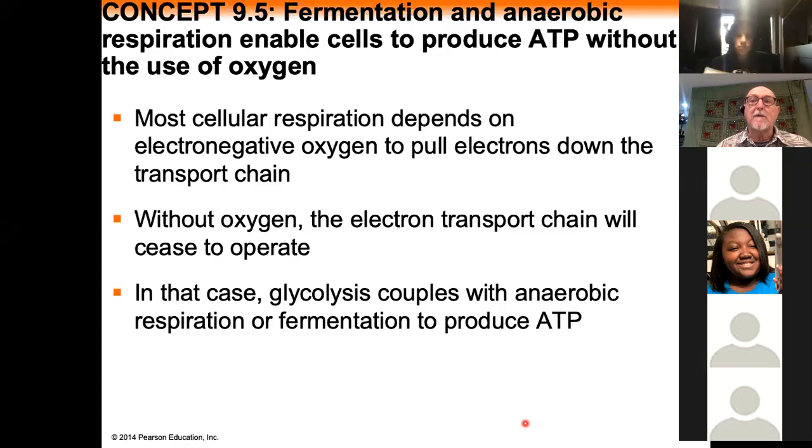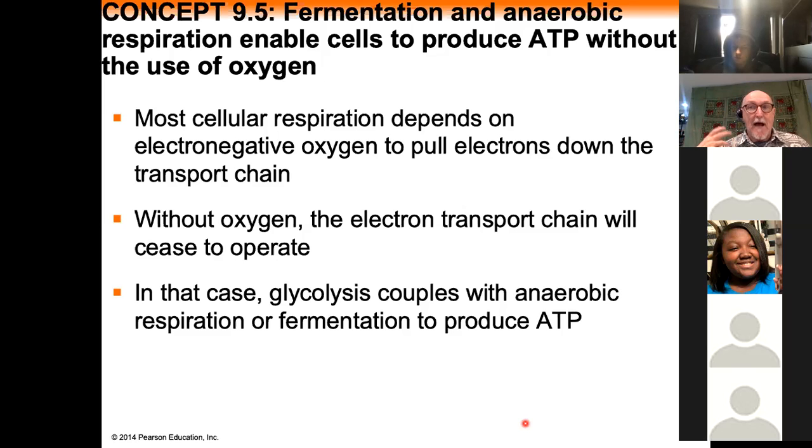For example, many of the prokaryotes can survive without oxygen. They can operate with oxygen or without oxygen. We say they are facultative anaerobes. So they can survive in the absence of oxygen just by using glycolysis. But there are many other systems as well which can at least temporarily also use glycolysis to provide just enough ATP for the cells to keep going.